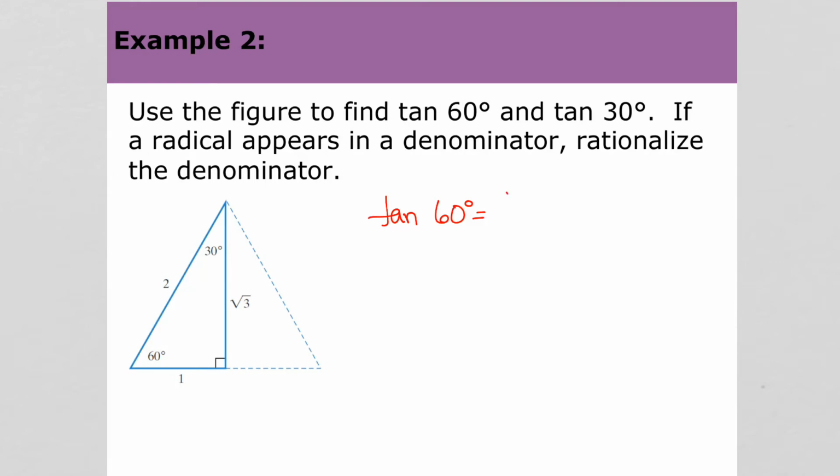So tangent is opposite over adjacent. So if our 60-degree angle is here, then opposite would be the square root of 3, and adjacent would be 1. So tangent of 60 degrees is the square root of 3.